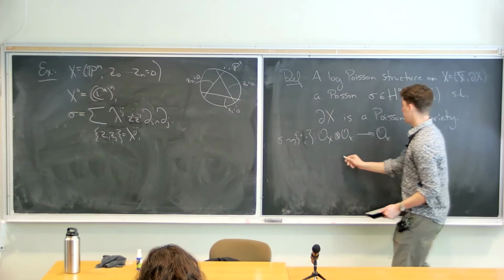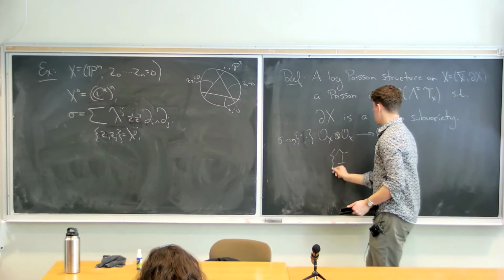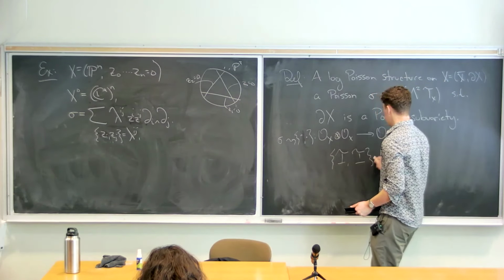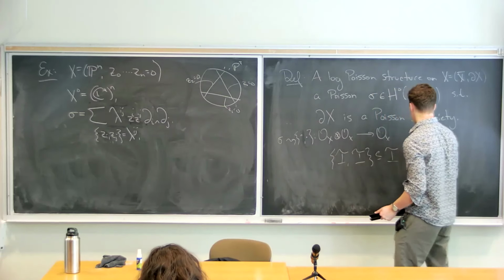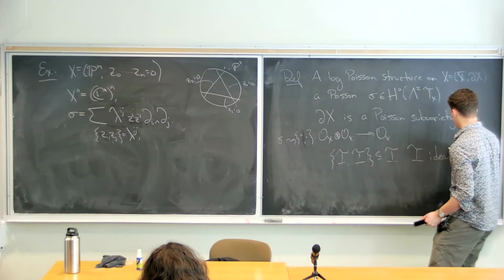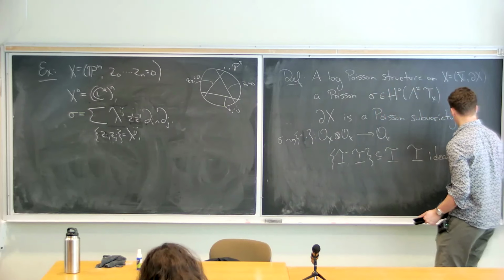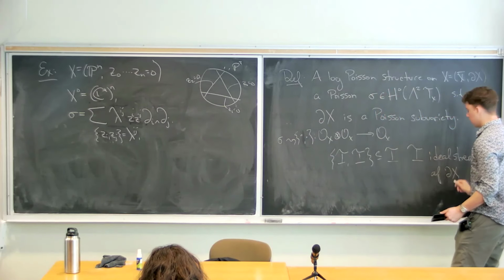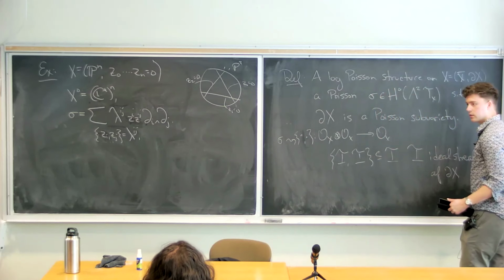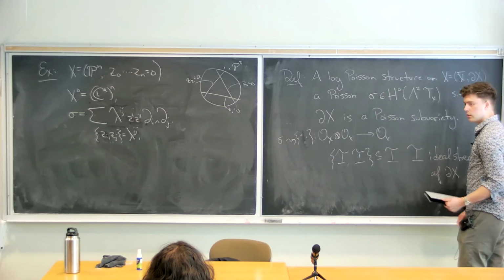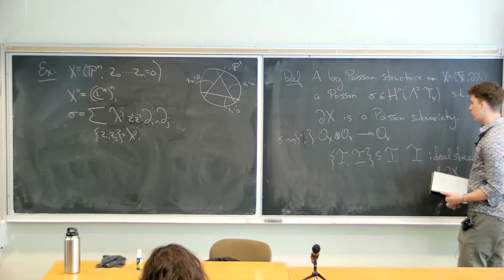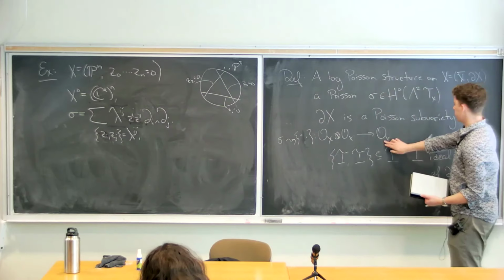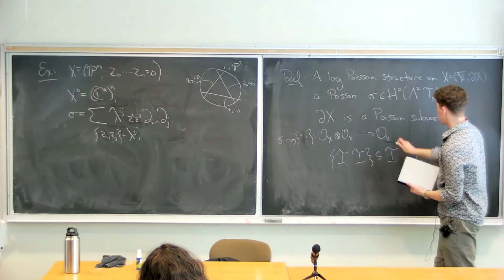And I want this to be true where this is the ideal sheaf for the boundary. Oh, sorry, this is O_X bar.